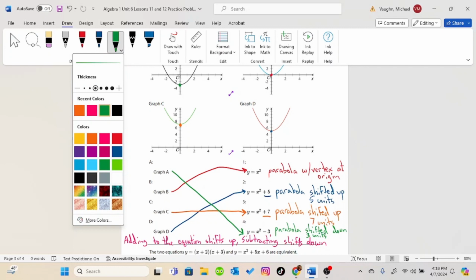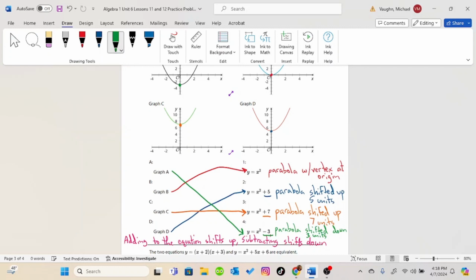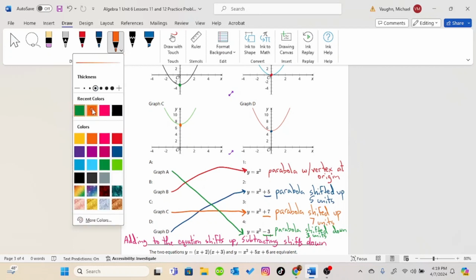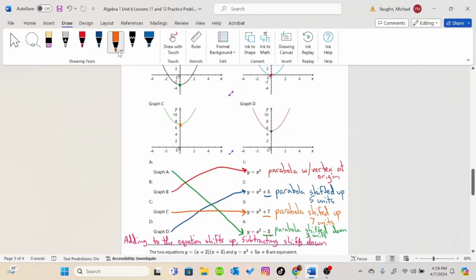And when you see minus 3, that shifts down 3 units. If you have any questions about what vertical shifting of a quadratic equation looks like, please use class time to ask for further clarification.